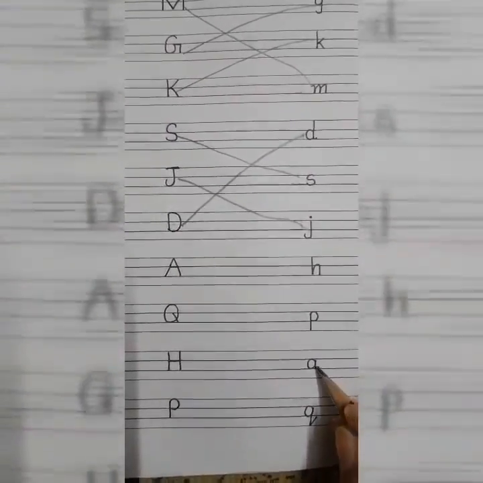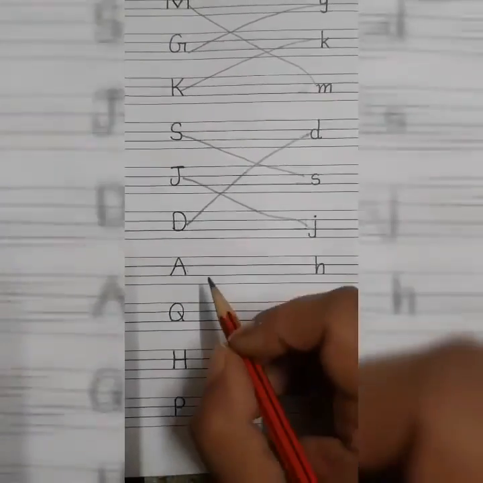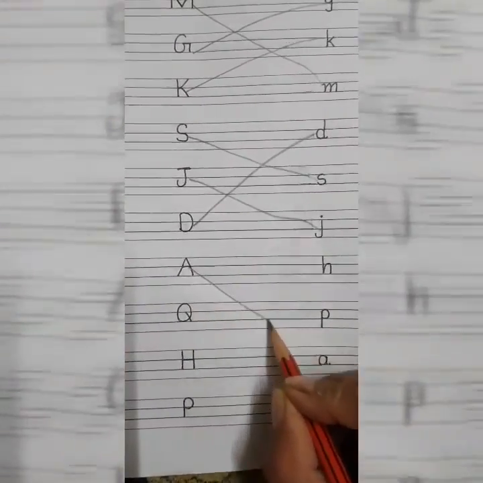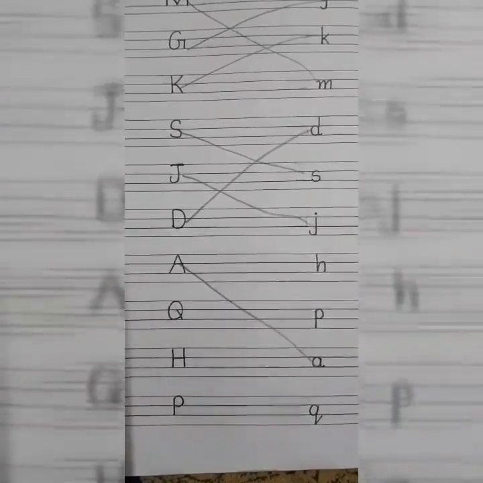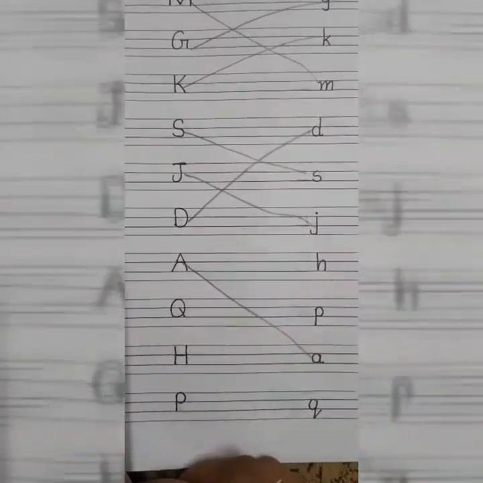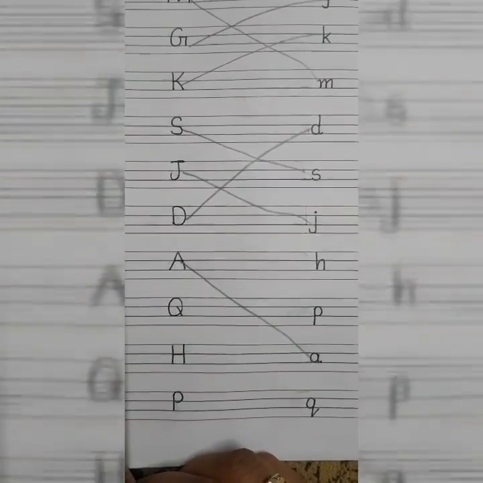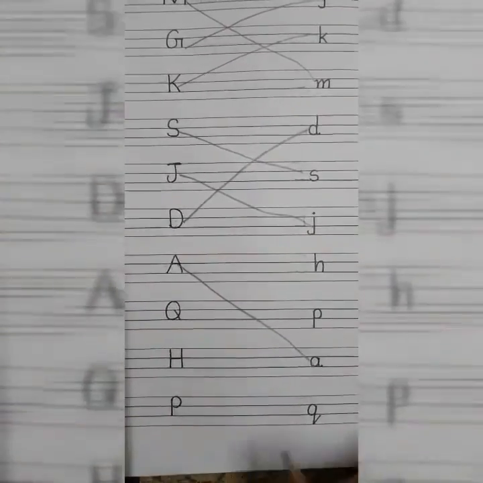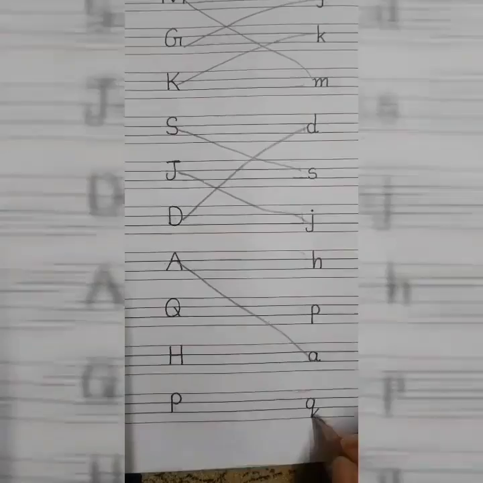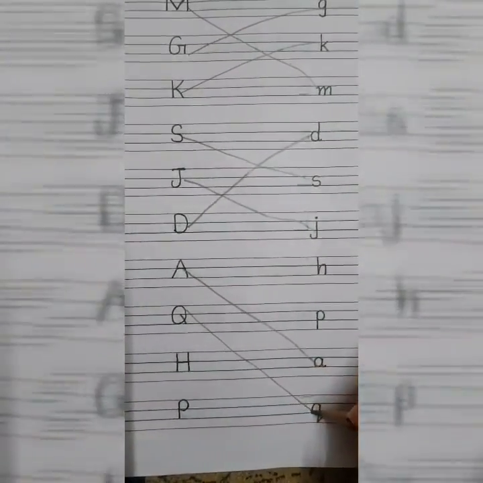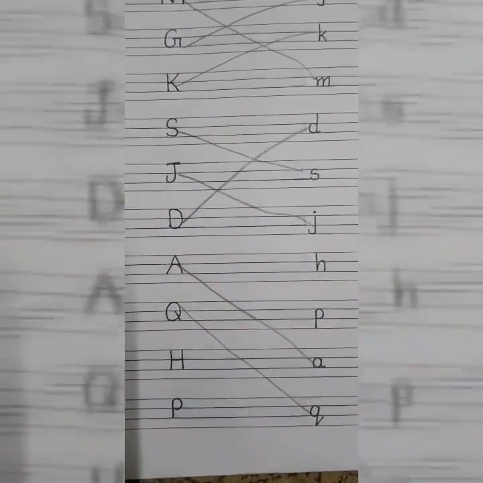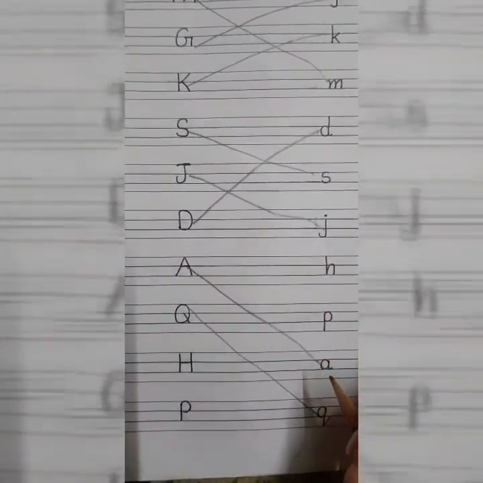We will match capital letter A with small case letter A. Like this. Okay, our next letter is letter Q. Q is also matched with its small case letter Q. So, we will match capital letter Q with small case letter Q.